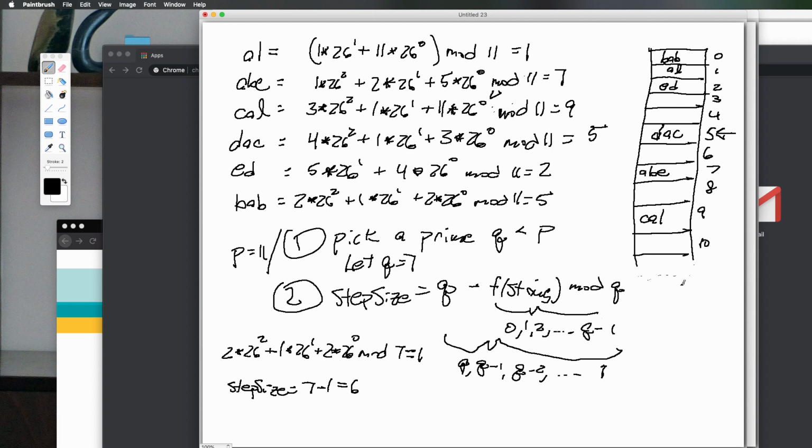See, the whole key to this is that if f of key 1 is equal to f of key 2, what we're hoping is that g of key 1 doesn't equal g of key 2, which means we'll get different step sizes for them.